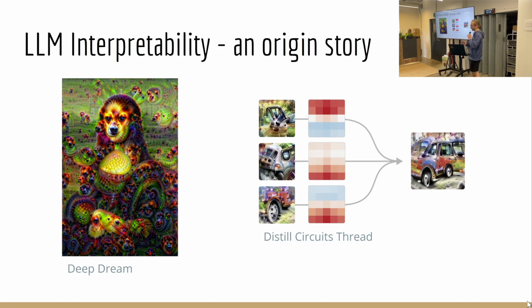Work by Chris Olah, described in the Distill Circuits thread, basically found a car neuron inside an image model. They found that the car neuron responded strongly whenever the window neuron in the top of the image was firing, the wheel neuron in the bottom of the image was firing, and the car body neuron in the middle of the image was firing. The car neuron would sort of listen to these three things and fire in response.